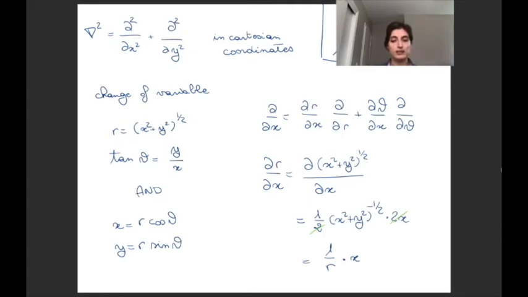I'm not going to spend a lot of time to show how this is done, but I will put a link to an explanation that goes more in depth about how to reconstruct the Laplacian in the new variables r and theta.